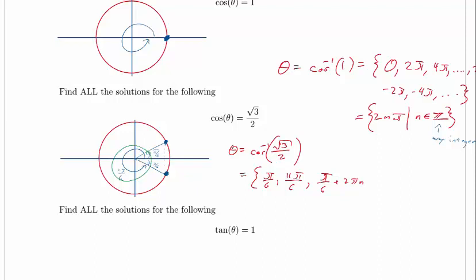And for 11 pi over 6, we want to do the same thing, 11 pi over 6 plus 2 pi n. We can write this a little more succinctly: pi over 6 plus 2 pi n, and 11 pi over 6 plus 2 pi n. Of course you could combine this fraction and that number, but I think this is good enough for us right now, so we'll leave it like that. And of course n is any integer.